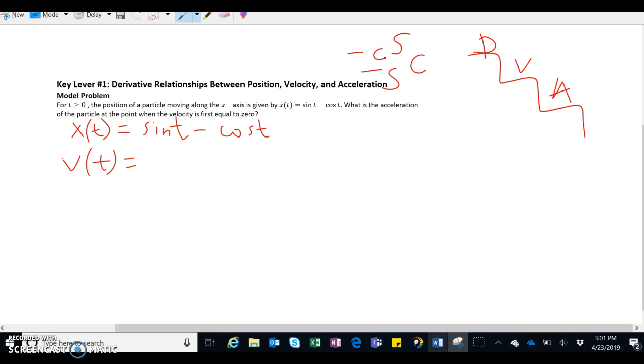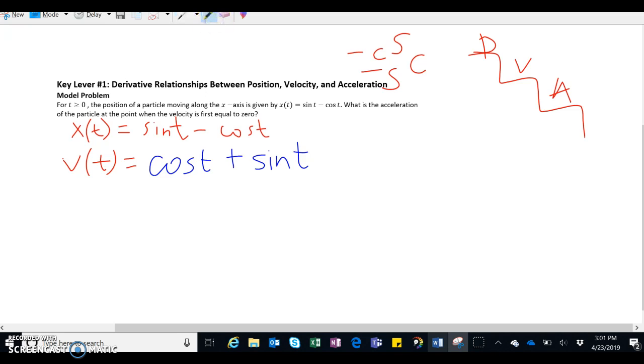Taking a derivative for sine gets me down to a cosine, because the derivative of sine is cosine. Minus, cosine's derivative is negative sine. So I can do minus negative sine, which leads me to a positive sine of t. So my velocity function is cosine plus sine after I take some derivatives.